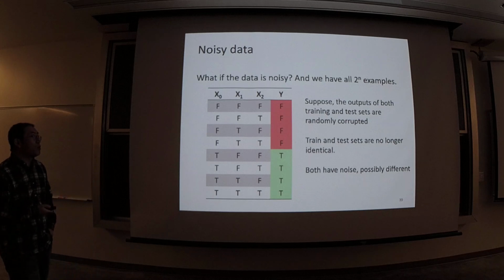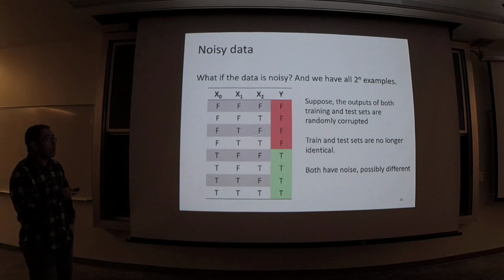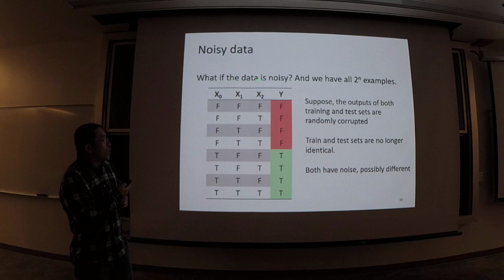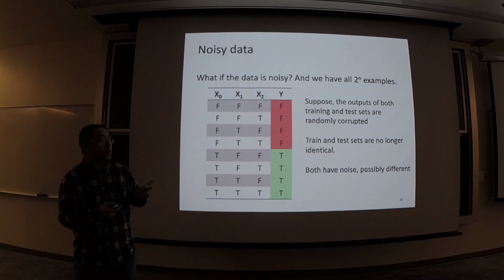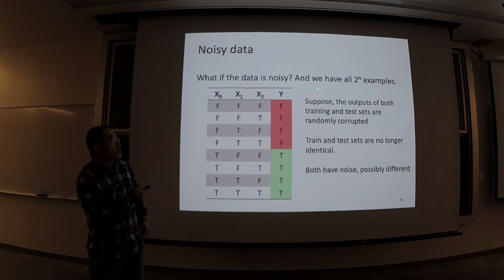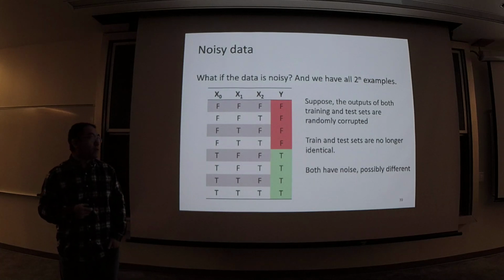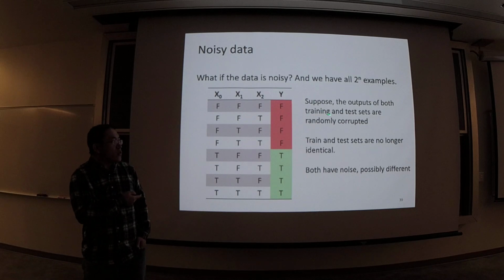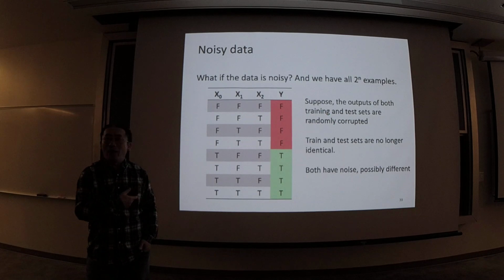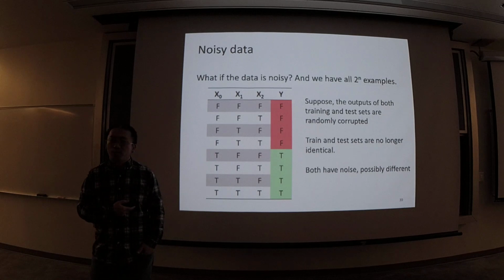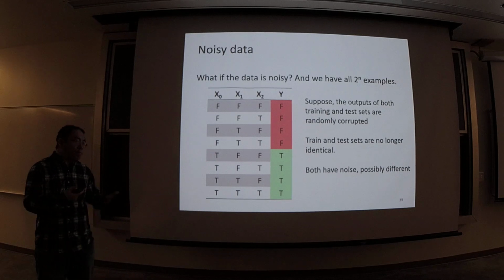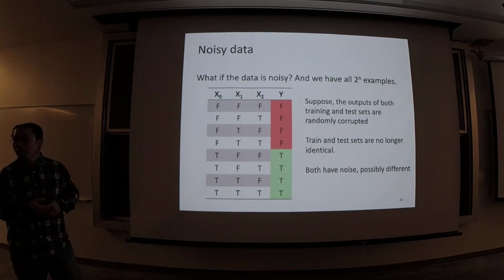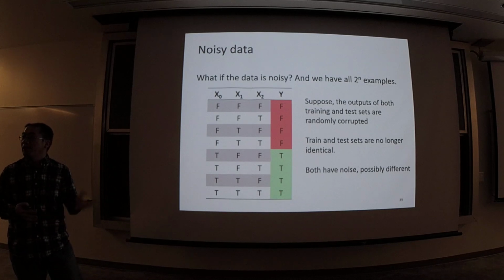So to see a concrete example, let us assume we have some noisy training set. We still are powerful, right? We still are able to collect all 2 to the power of n samples. But the outputs for both training and test sets are randomly corrupted. That means any label in the test set or in the training set has some chance to be flipped, right?